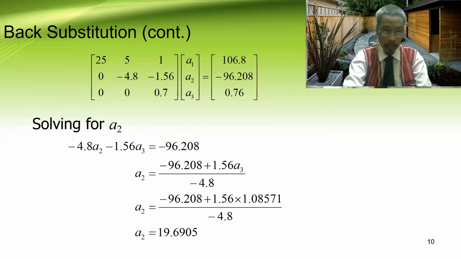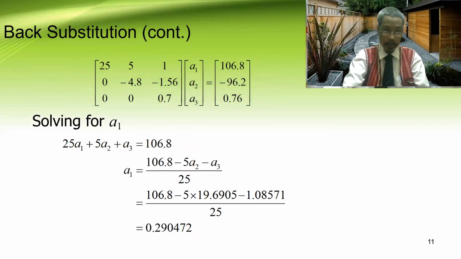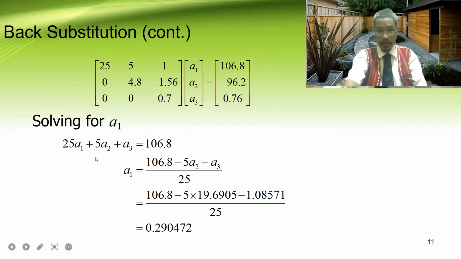If you got that, we can now substitute A2 and A3 to be able to solve A1. Just put all the coefficients: 25 A1, 5 A2, 1 A3, equals 106.8. That is our equation.